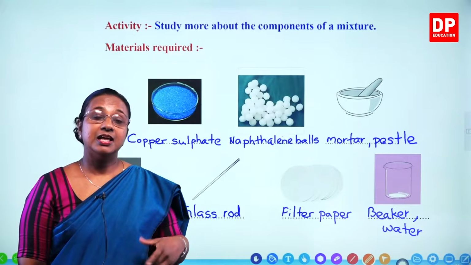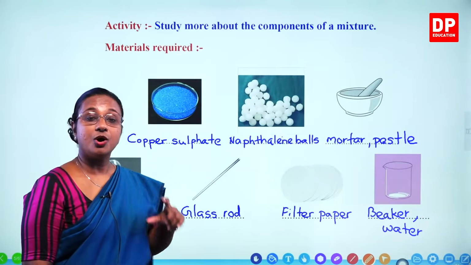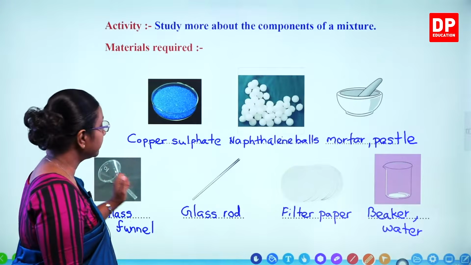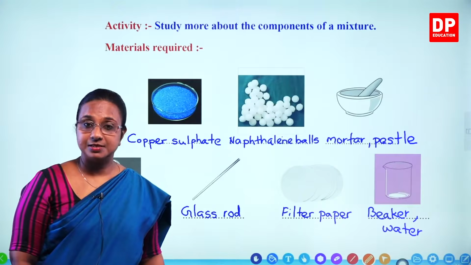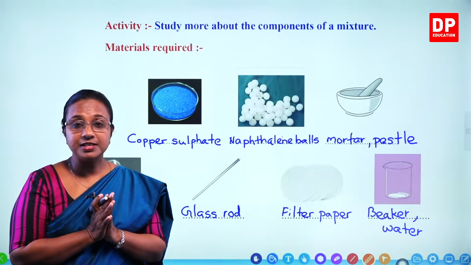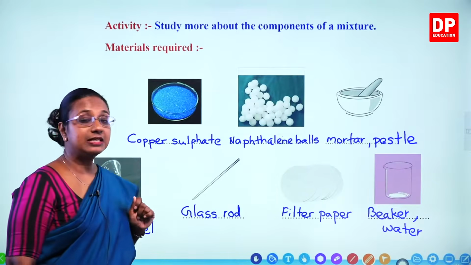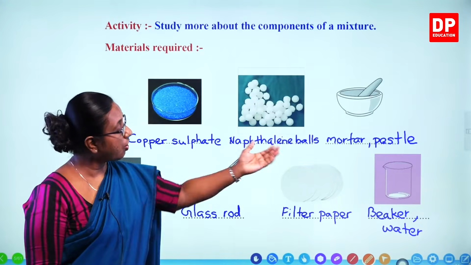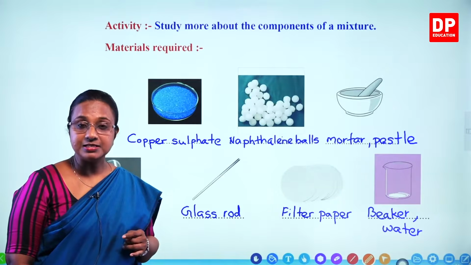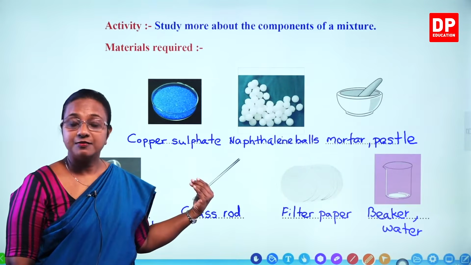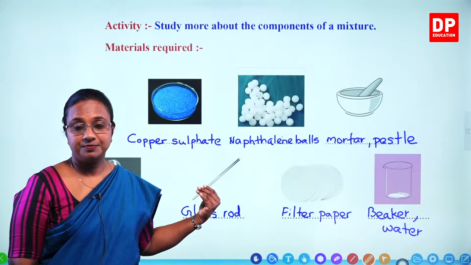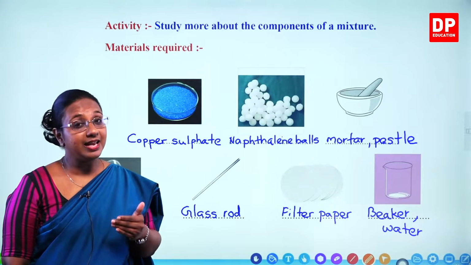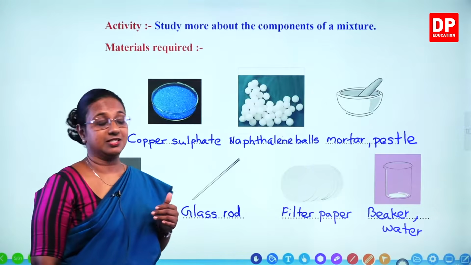And then the resulting solution or the mixture is filtered using the glass funnel and filter paper. We have to fold the filter paper, place it inside the glass funnel, and we will need a conical flask or more beakers, and into that we can filter the solution. I will go through the method again and then we will do the activity.